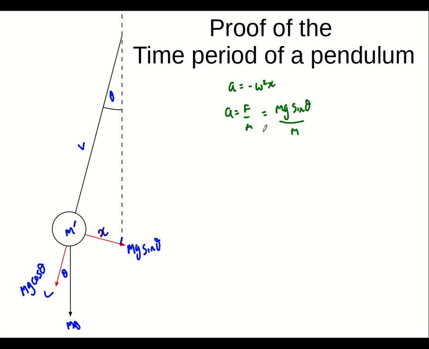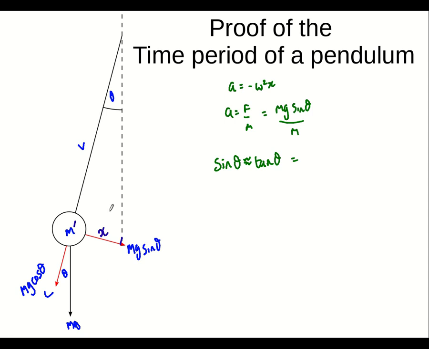and we need to work out what sine theta is. Now if theta is small, typically less than 10 degrees is the recommended angle that you keep it under, then sine theta is approximately equal to tan theta, which, if theta is small, then x will be small, and we can approximate this to a right angle triangle.